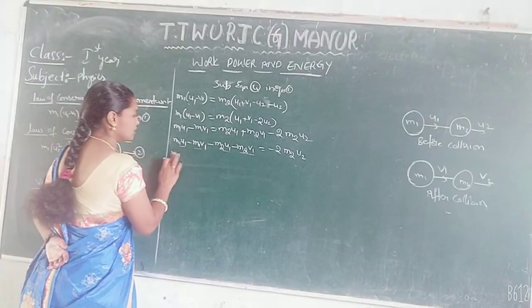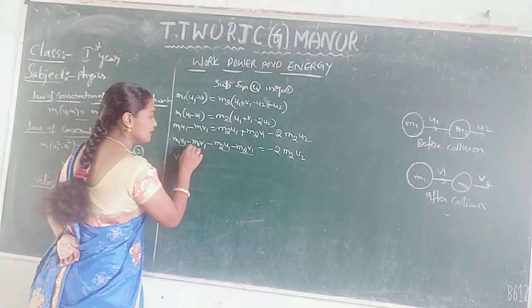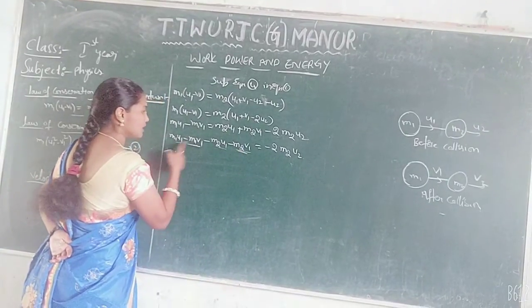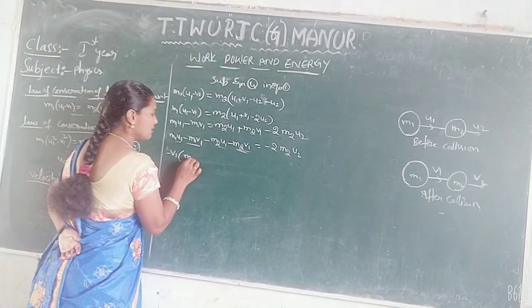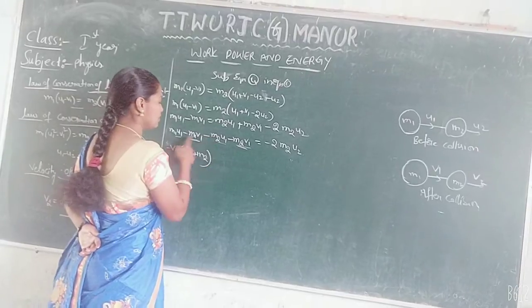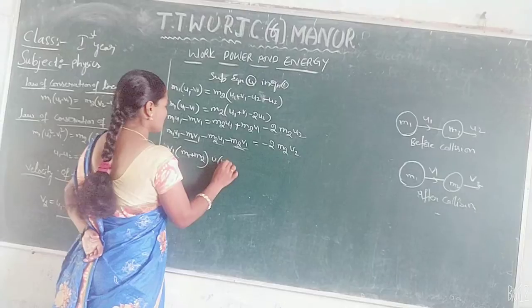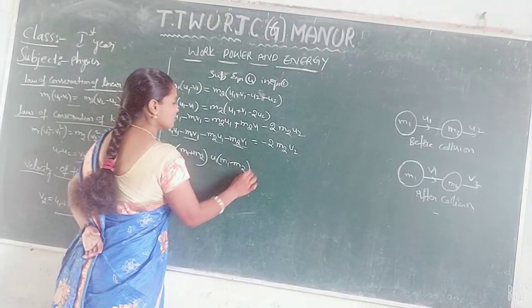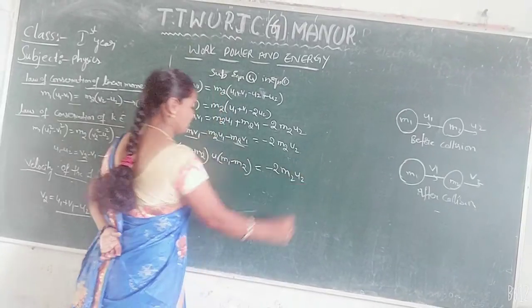So from these two terms, if you take v1 common, what is remaining? Minus v1 into (m1 plus m2). And if you take u1 as common, u1 into (m1 minus m2), and this term is minus 2 m2 u2.